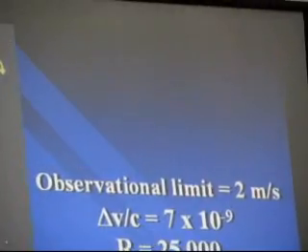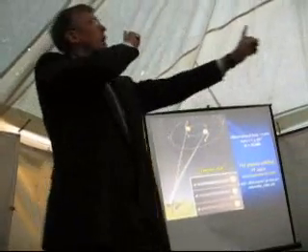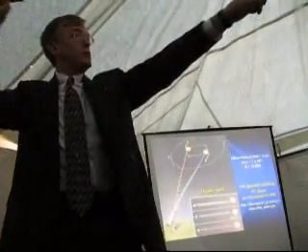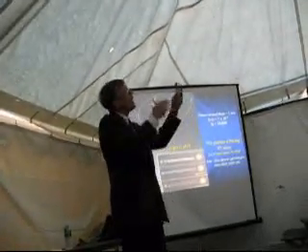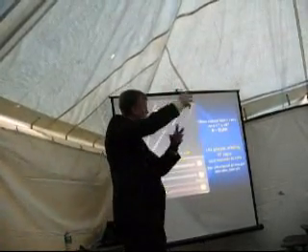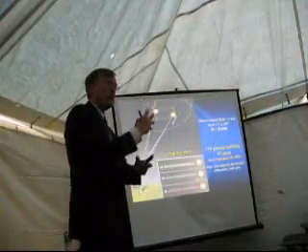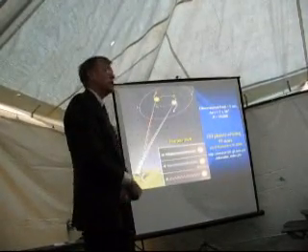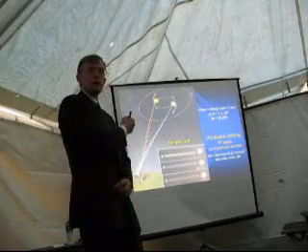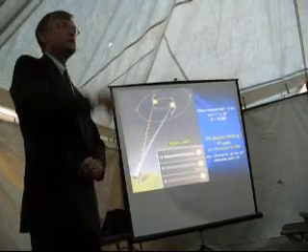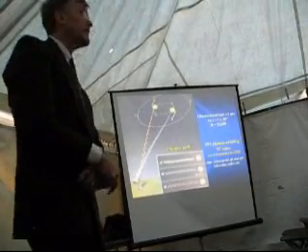Same thing. So the Earth's doing this as the moon goes around it, and stars are moving with respect to each other as they're moving through the galaxy as well. So you have to understand all of those different vectors in order to extract the motion of the star that you're interested in to an accuracy of 2 meters per second. That's not bad.